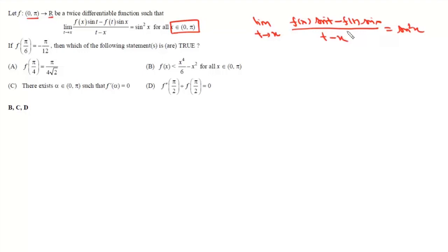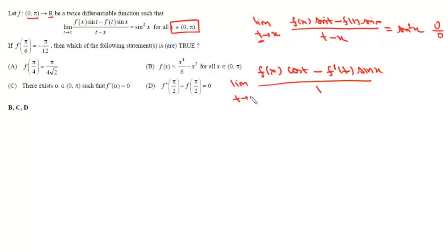Now if we put t as x, it will be 0 upon 0 form, and if it is 0 upon 0 form, we can use L'Hopital's rule. So we'll differentiate the numerator and denominator with respect to t. So it will be f(x) and the derivative of sin t is cos t, minus f dash t into sin x, upon 1, and this limit as t tends to x will be equal to sin square x.